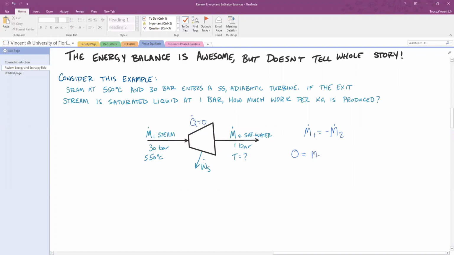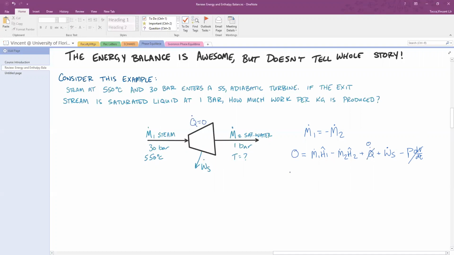So it's going to be m1 h hat 1 minus m2 h hat 2, and Q is 0, so plus 0 for Q, and plus shaft work. Minus P dV/dt, of course, but because it's steady state, there are no time derivatives. We assume that the turbine can't expand or anything like that, so the volume is 0 with respect to time as well. All right, and I said Q is equal to 0.